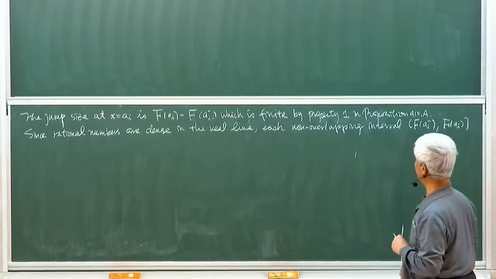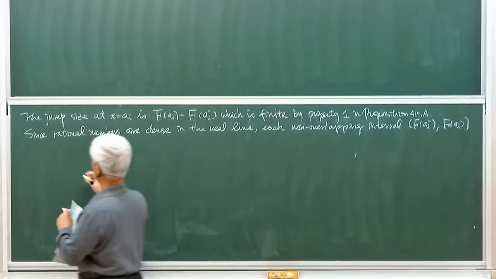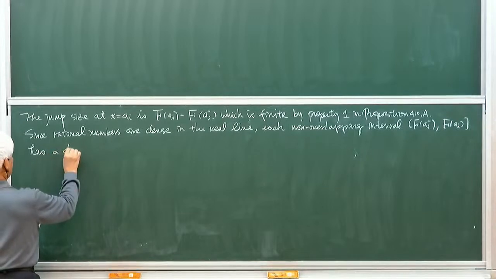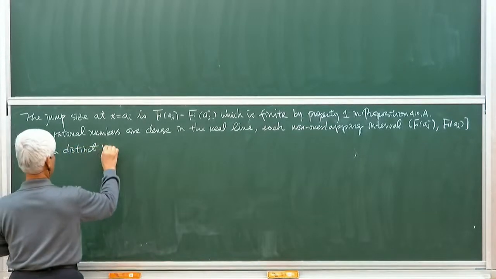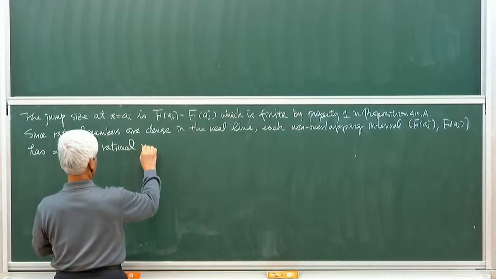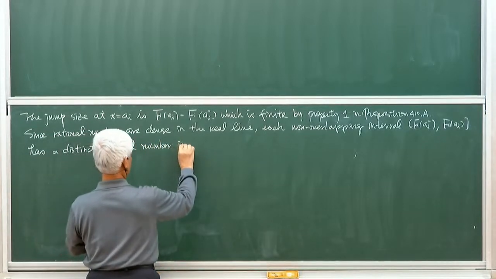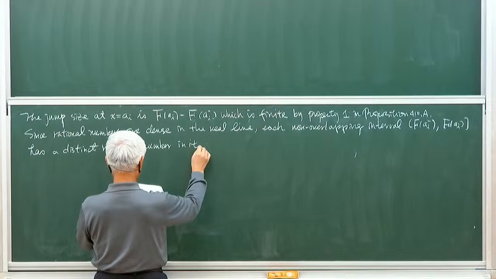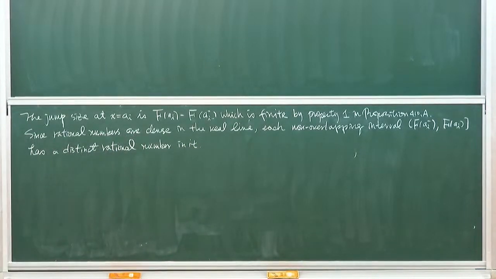Okay, so each non-overlapping interval has a distinct rational number in it. So we select a rational number in each one. Because rational numbers are dense, in each interval, which is of course non-empty, we can pick one rational number.